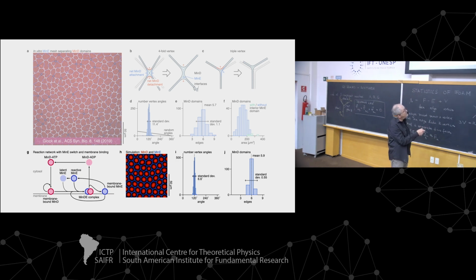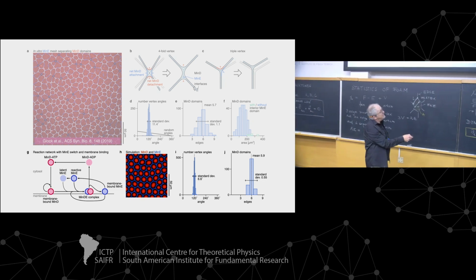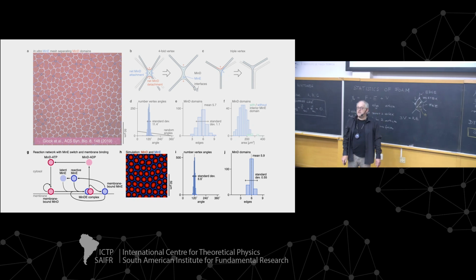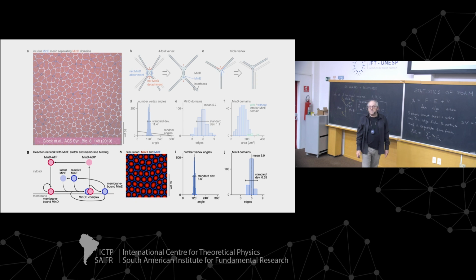So you see foams, and they look very similar to the foams that you have in the experiment. And that's not really fine-tuning. This is a very, very broad parameter regime. You also get 120 degrees, and you get the number of edges being on average 6. So that corresponds to the same kind of physics that you see.